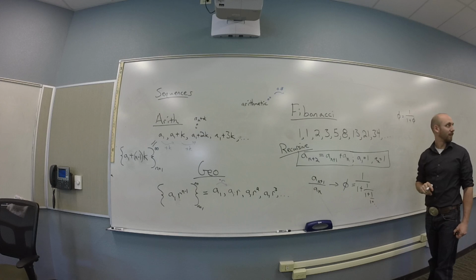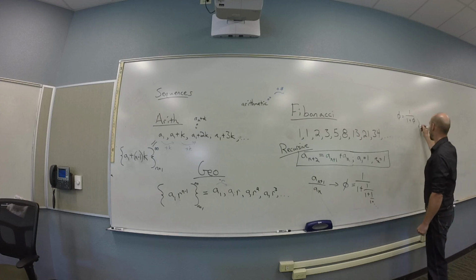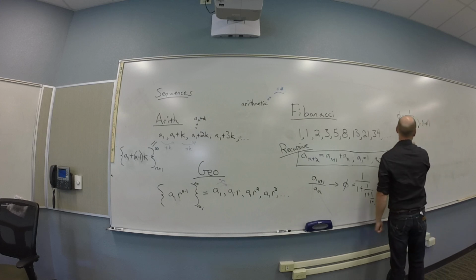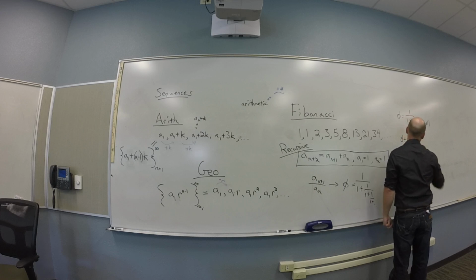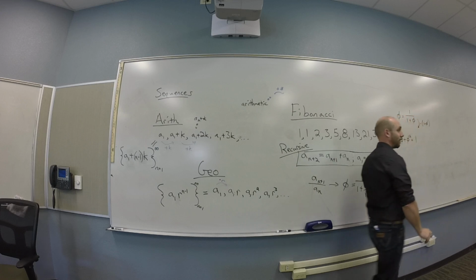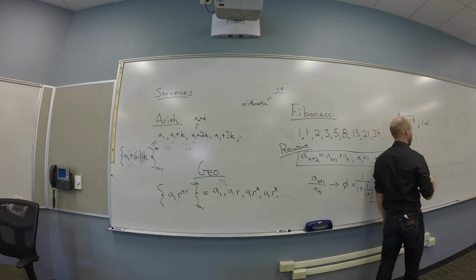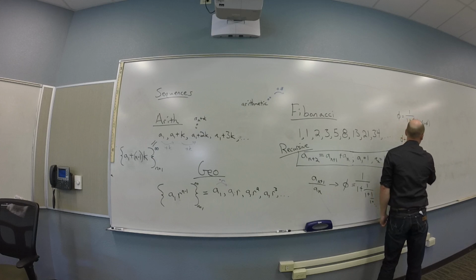You guys see that? Maybe you could multiply both sides by 1 plus phi, figure out that phi plus phi squared is 1. Subtract 1 to the other side and use the quadratic formula on this. So phi squared plus phi minus 1 is 0.